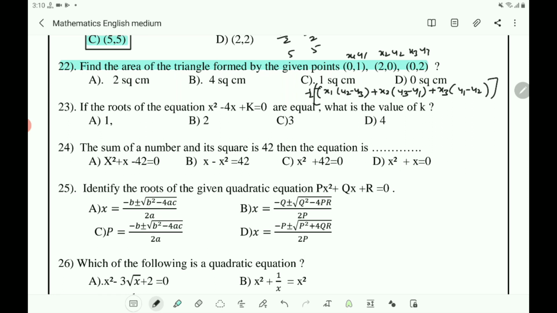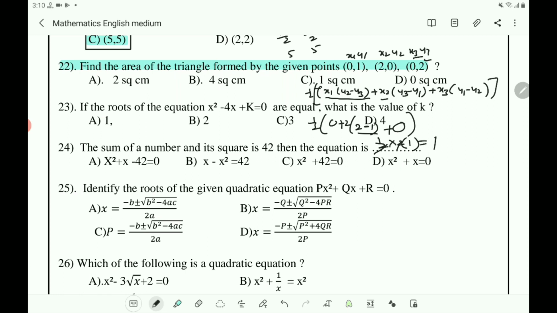Then you take half into x1 is 0, so that complete term is 0. Then x2 is 2, plus 2 into y3 minus y1, y3 is 2, y1 is 1, so 2 minus 1, plus x3 is 0, so that complete term is 0. Then it becomes half into 2 into 2 minus 1, which is 1, and the 2 cancels, so you will get 1.